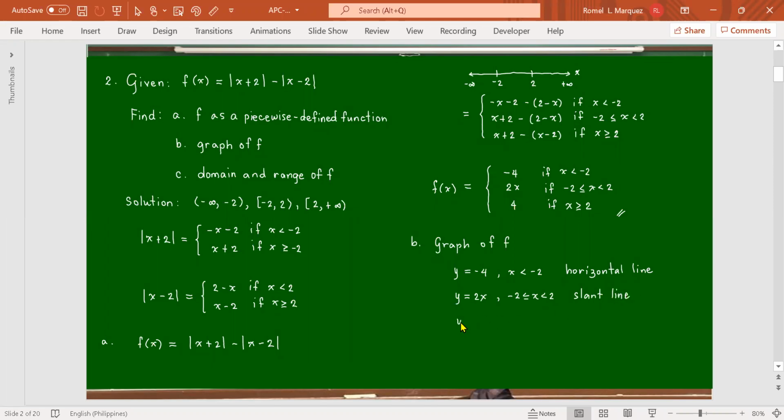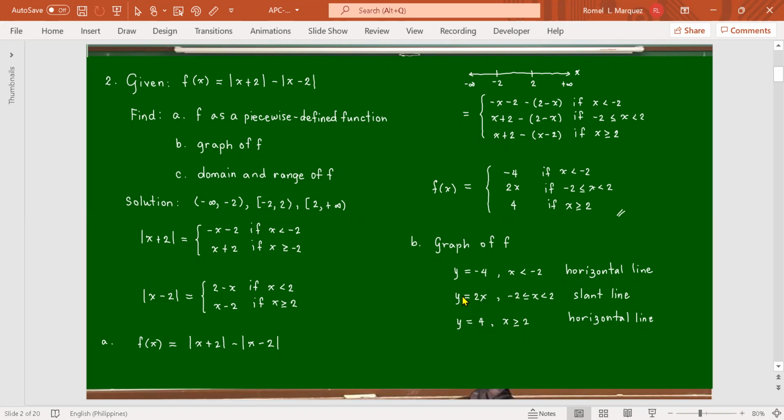What about y equals 4? That is when x is greater than or equal to 2. It is also a horizontal line, above the x-axis, no? But the line starts from 2. Now, if x is 2, we have y is 4.